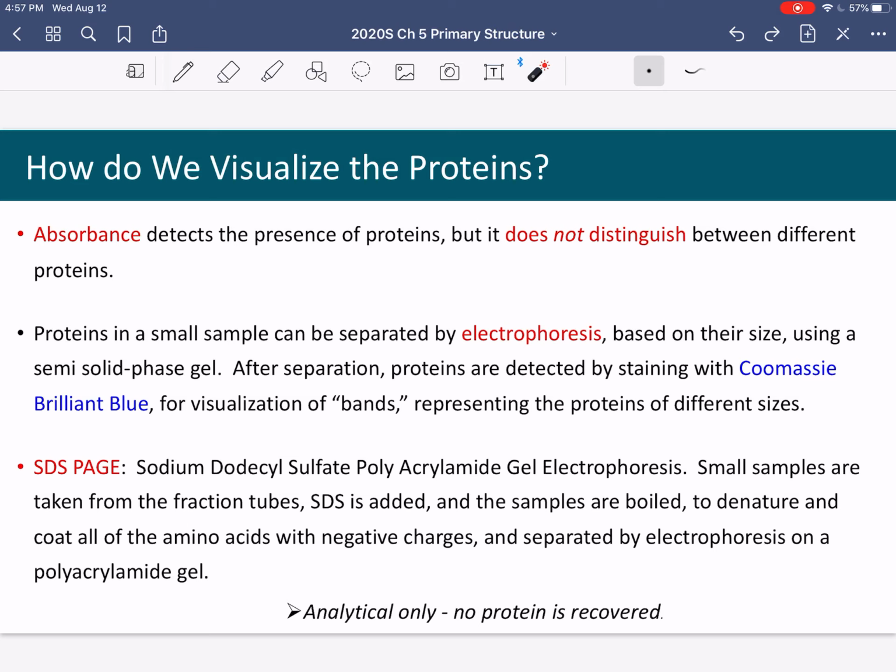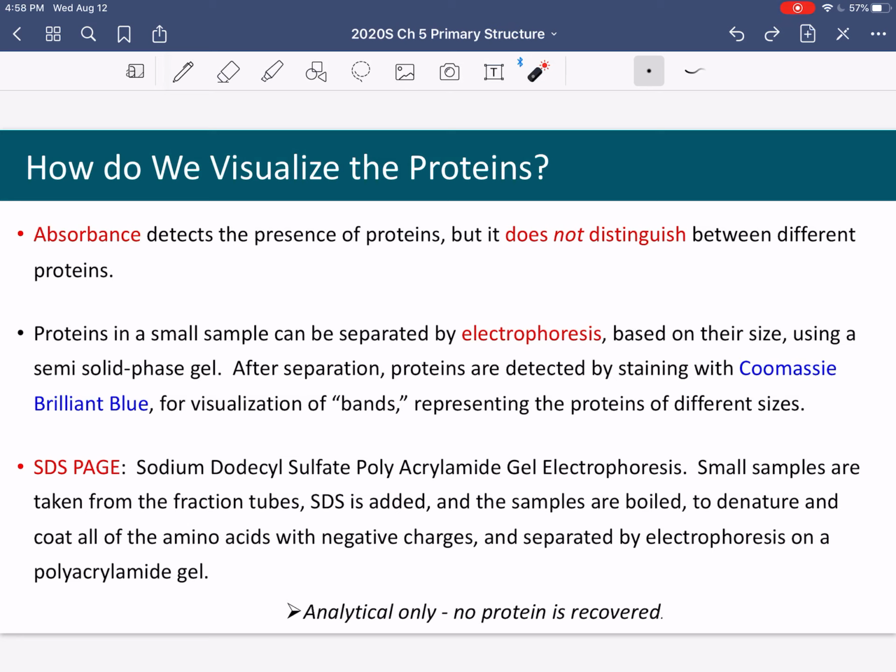So when we take a small amount of liquid from a test tube that showed absorbance at 280 nanometers, we use that small amount in our assay, like an ELISA, and we don't recover anything at the end. We just know that we can go back to that same sample and carry on with our purification. That's what we're talking about when we talk about electrophoresis as well.